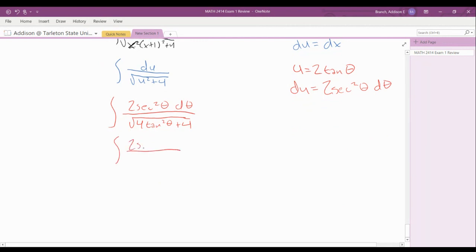So we're going to get 2 secant squared of theta d theta over 2 secant of theta. These are going to cancel out. And we know that the integral of secant of theta is just going to be the natural log of the absolute value of secant plus tangent.